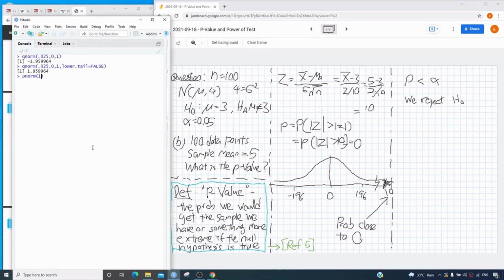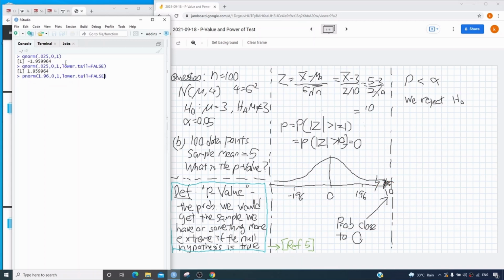So I put pnorm 1.96, then 0 and 1. And then I have to use lower.tail equals false so that I get the value on the right side, the upper tail probability.